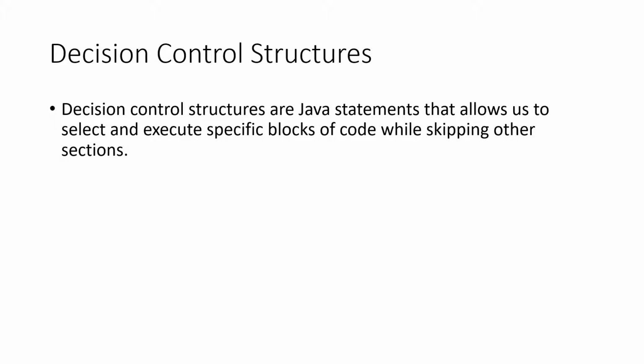That's why it says here that there will be some skipping of other sections. So with decision control structures, hindi niya mararanan yung buong program, but merong part or snippet na mababaliwala because of the crossroad na ginawa mo.